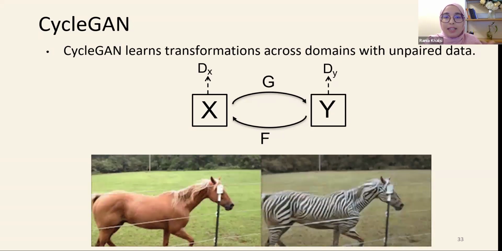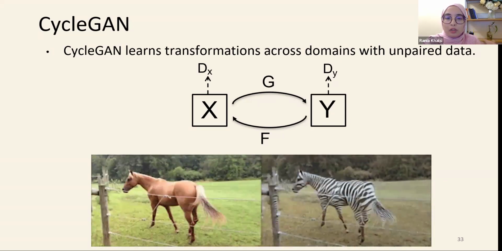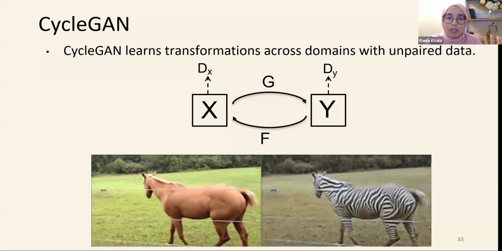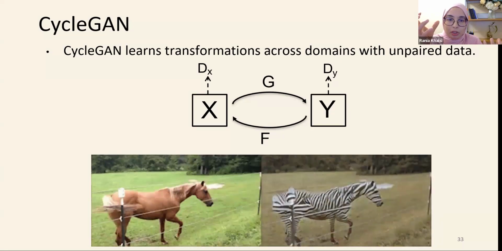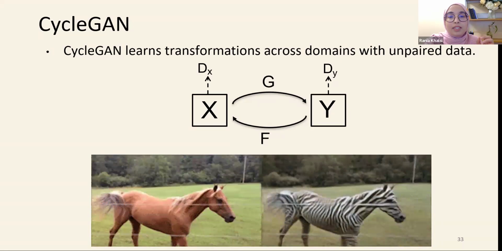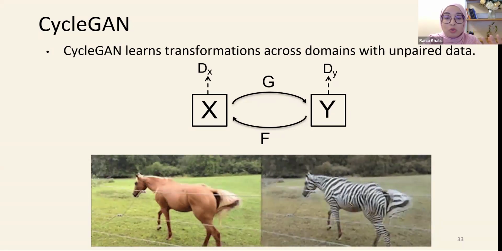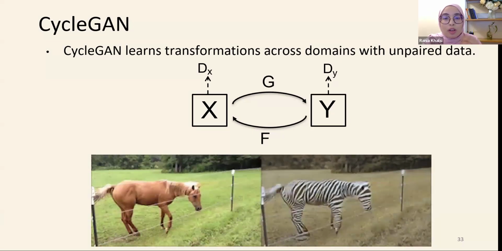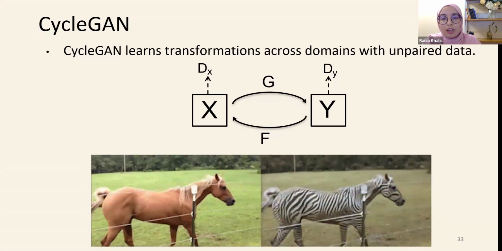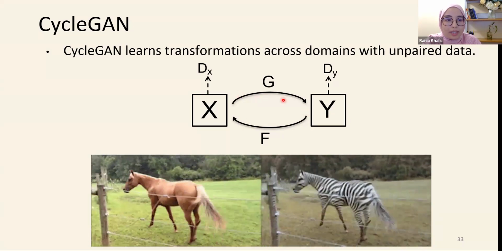Instead, a CycleGAN learns the mapping using only two separate collections of images, a set of horse images and another set of zebra images, with no correspondences between them. This is exactly what CycleGAN allows us to do: unpaired image-to-image translation. They achieve this using a clever cyclic loss.